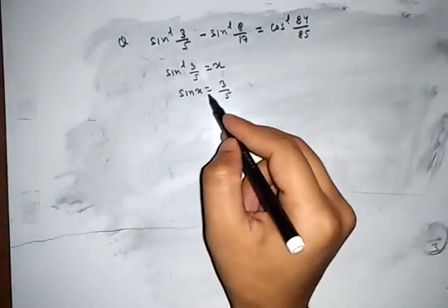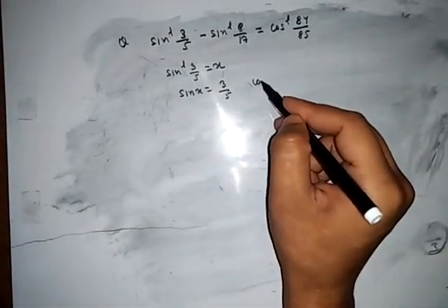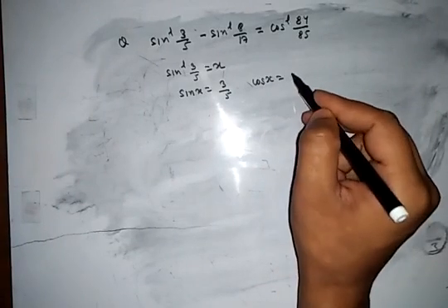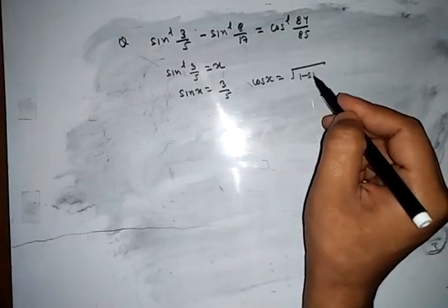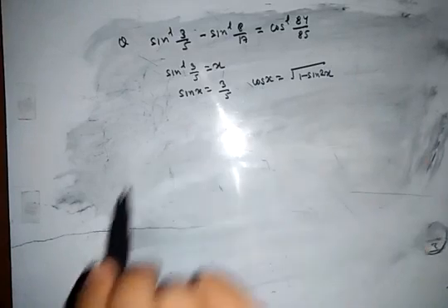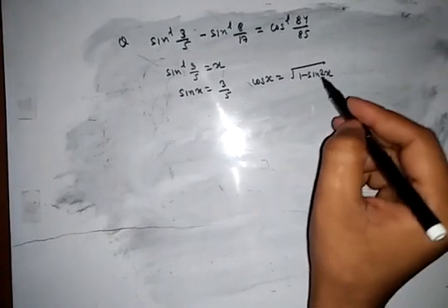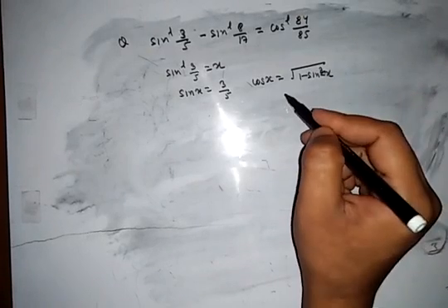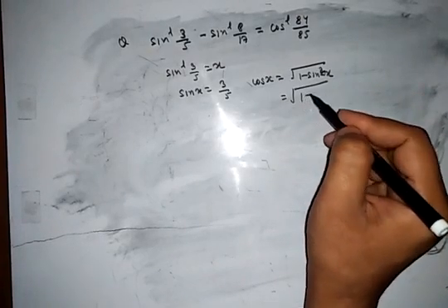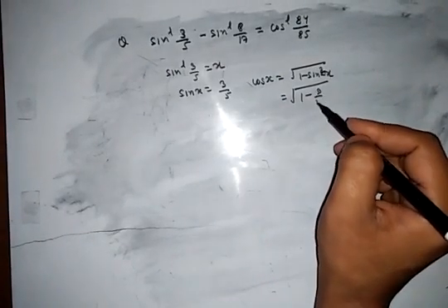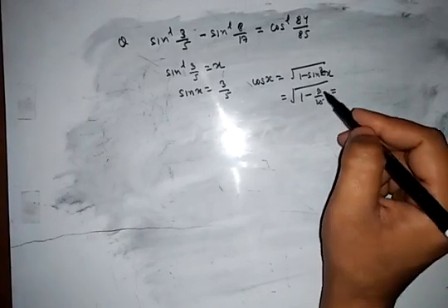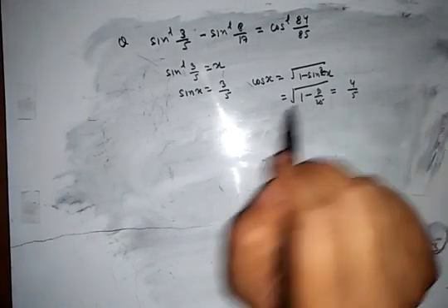Then you will find cos x also. Cos x is nothing but the square root of 1 minus sine square x, so you will get 1 minus 9 by 25, which solves to 16 by 25, so 4 by 5.